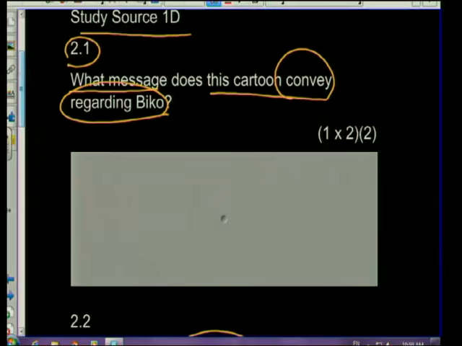Remember, learners, I've mentioned before, you've got to take note of the mark scheme. If you go back to question 2.1, it's 1 point for 2 marks, which gives you a total of 2 marks. Question 2.2, it's 2 points for 2 marks, which gives you 4 marks.